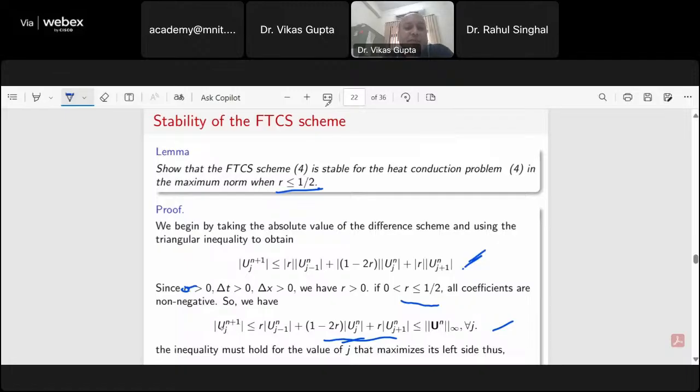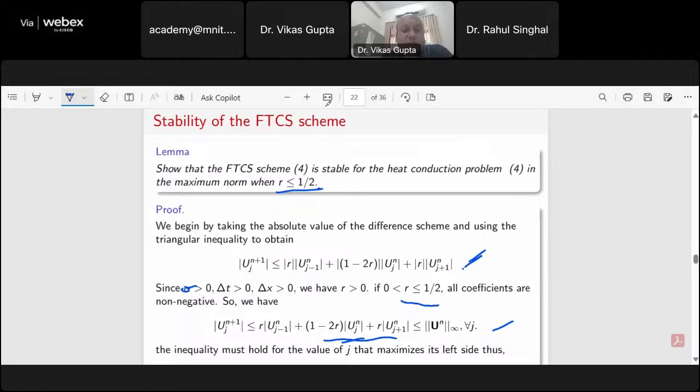Now note that this inequality is true for all j, where j runs from 1 to capital J minus 1. So of course, this inequality will be true for the vector u^(n+1) at the n plus 1 time level.